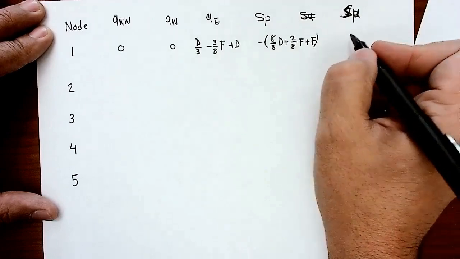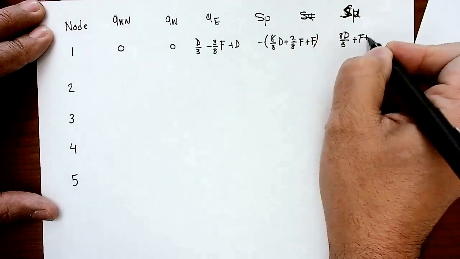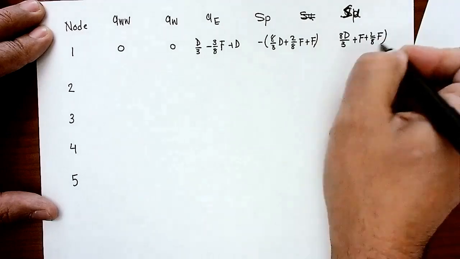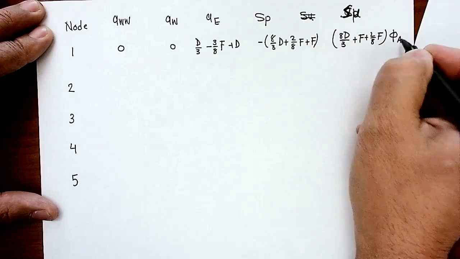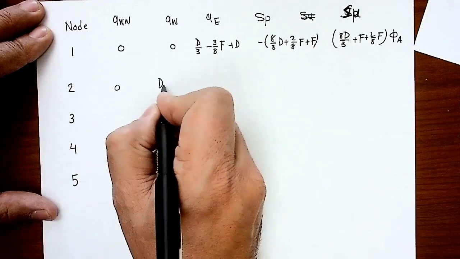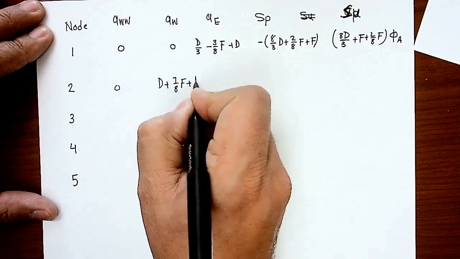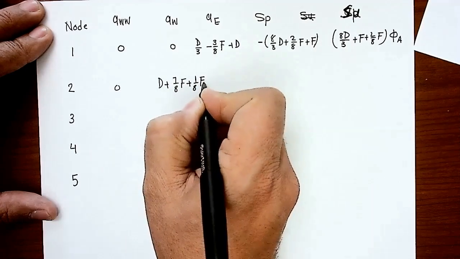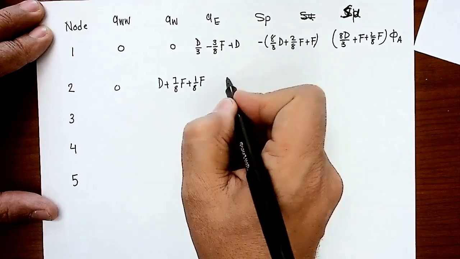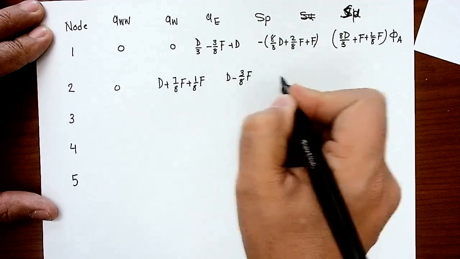That's actually 8D over 3 plus F plus 2 over 8F. And this multiplied by phi A. Then this would be 0, D plus 7 over 8F plus 1/8F. Then A East is D minus 3 over 8F.